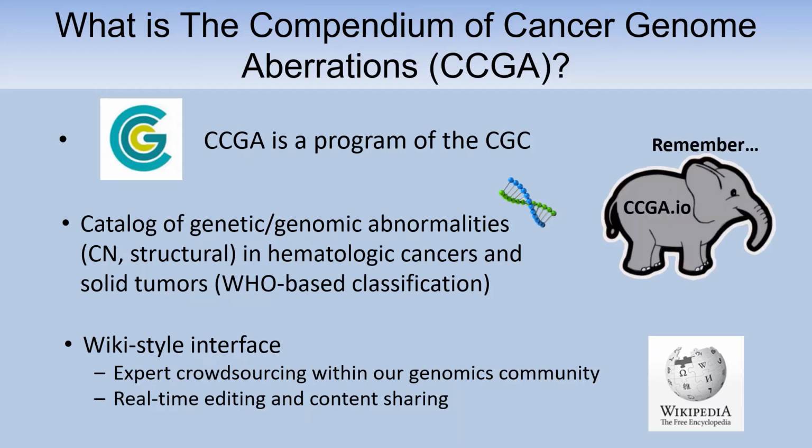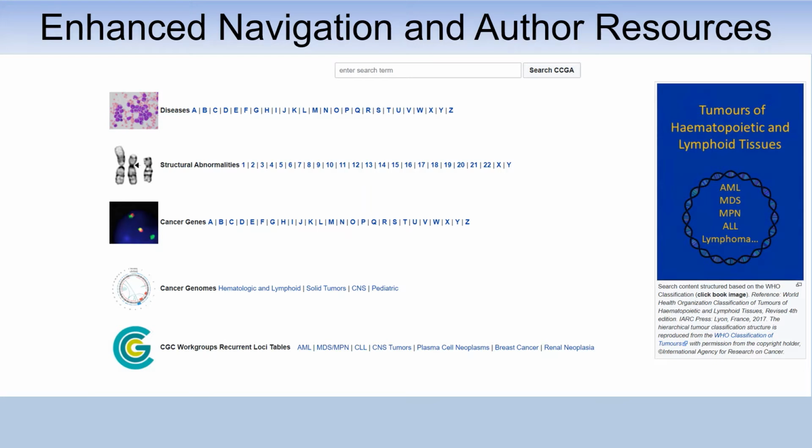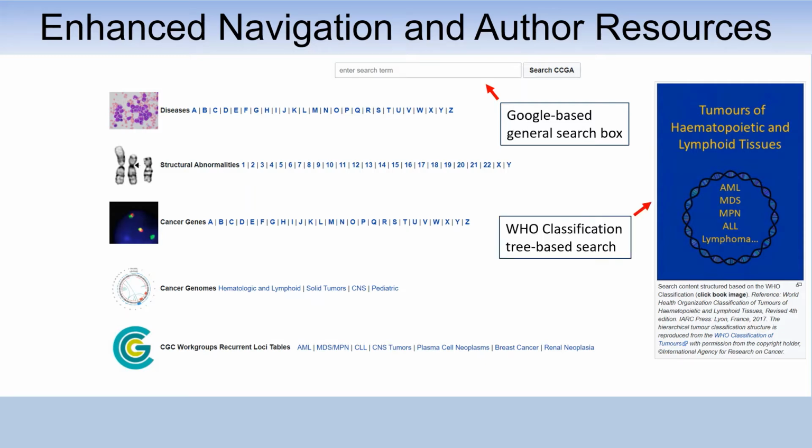Elephants are supposed to remember forever, so I put that graphic here to remind you that to find this site, please just type in ccga.io into your browser, and it will take you directly to our homepage. We have multiple methods of navigation as well as author resources. You can search any term in the Google-based general search box. You can click on this book link to search based on the WHO classification tree.